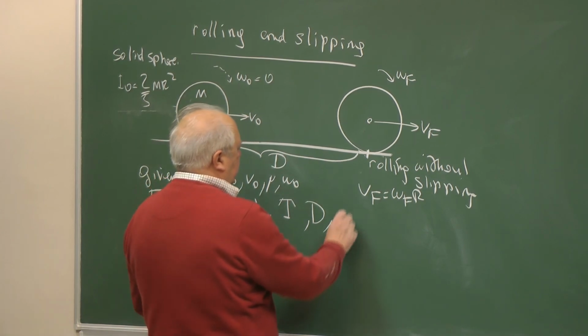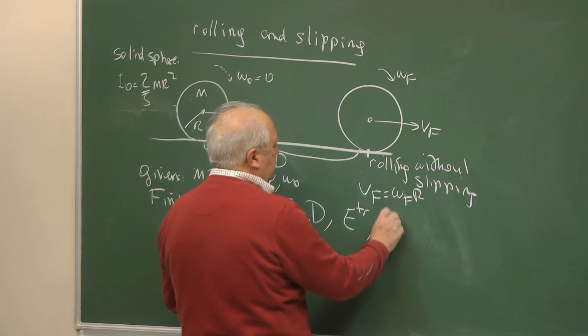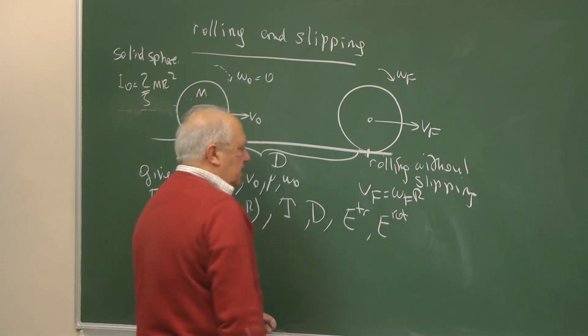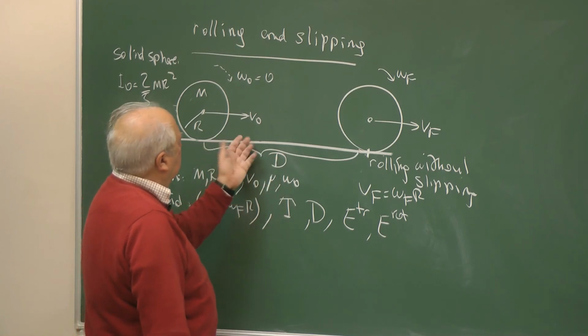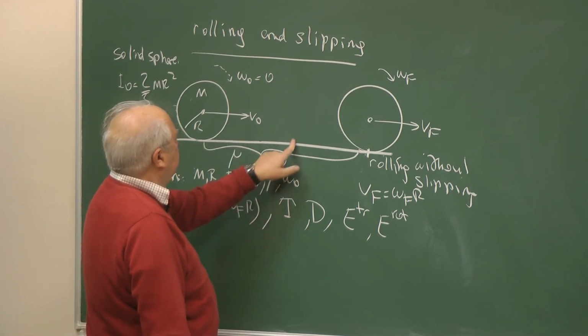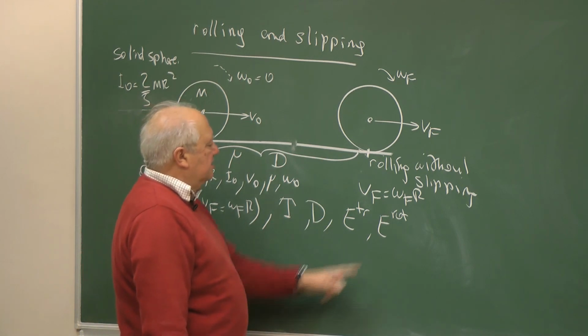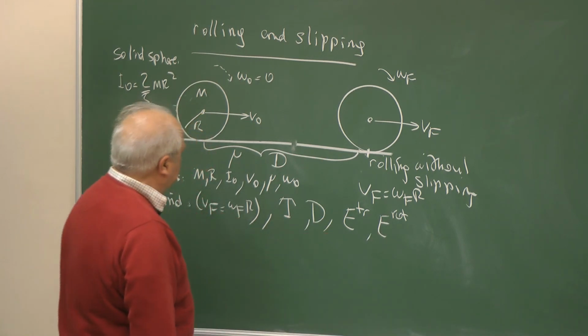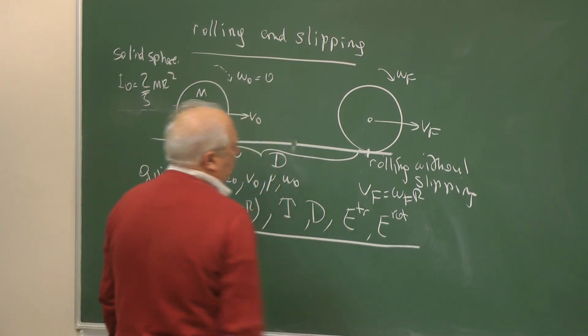For example, we can ask about the translational energy, the rotational energy, and how they are changing with the position. At this position, for example, what is the translational kinetic energy? What's the rotational kinetic energy? So these are the questions we want to find out.